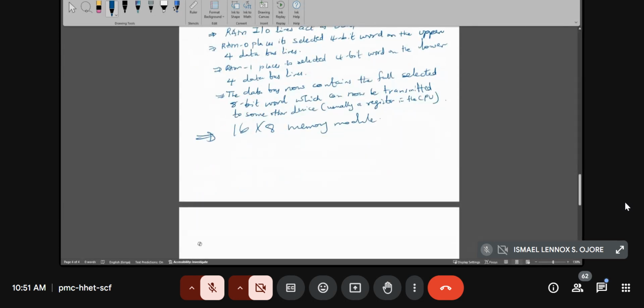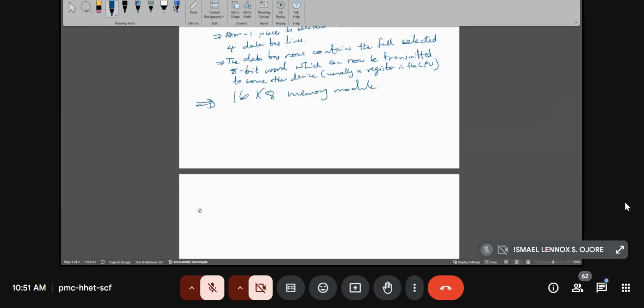expansion. So what about the capacity expansion? So let us look at expanding the capacity, and here when we talk of the capacity, we are referring to the number of words that can be stored in the memory.